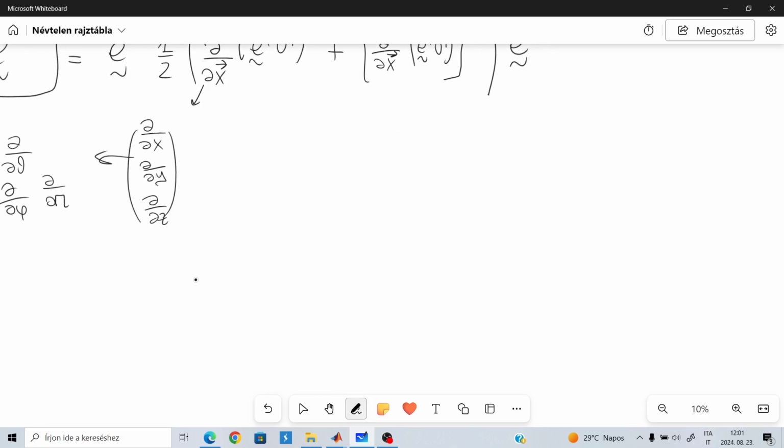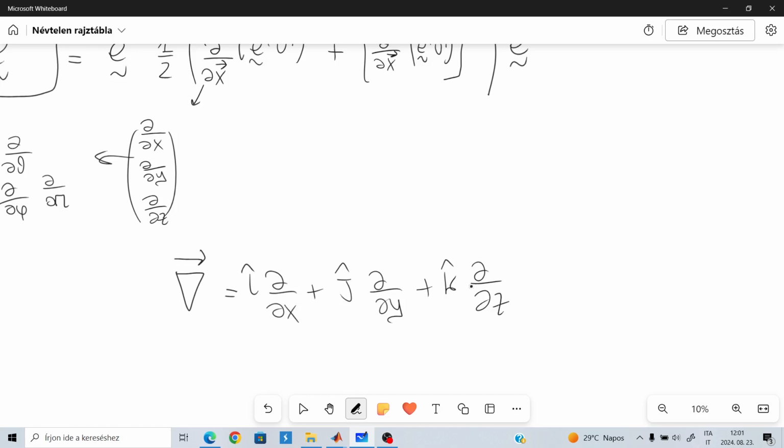Well, in general, we have the so-called nabla operator, which is the gradient written in generic coordinates. This can be written as d over dx i plus j d over dy plus k d over dz. This can be transformed in spherical coordinates.